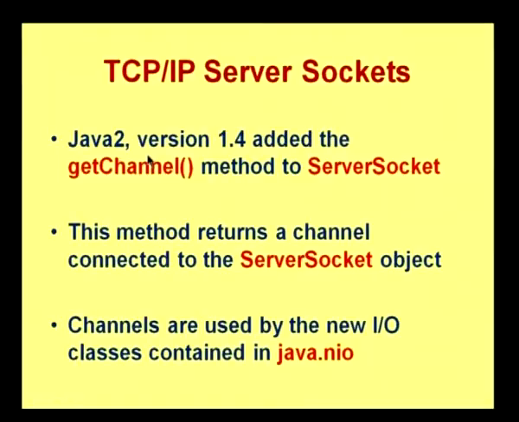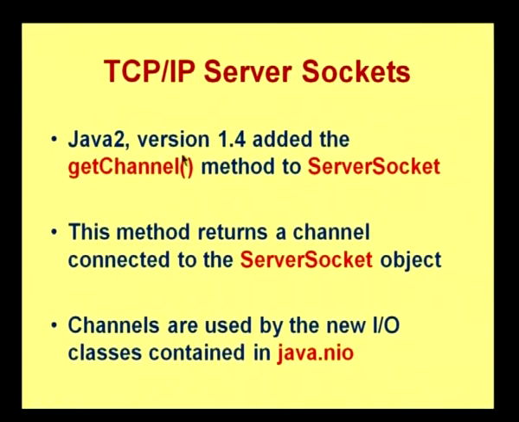This accept method will receive a socket which is trying to connect to that particular server socket, and then return a socket object which is currently connected with this server socket. From this socket, which is returned by the accept method, I can access the input stream as well as the output stream, and then I can get all the information regarding the client from where this socket has communicated to the server.